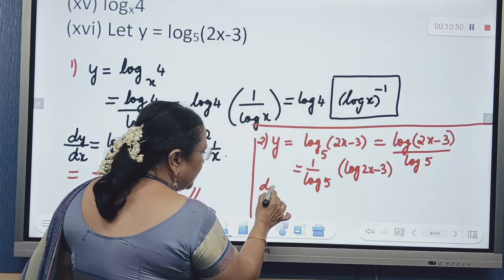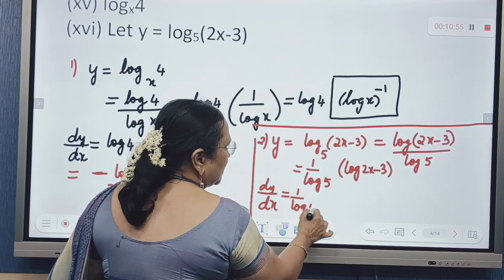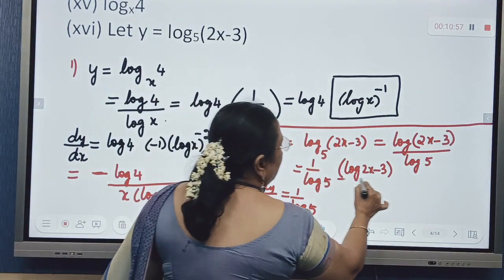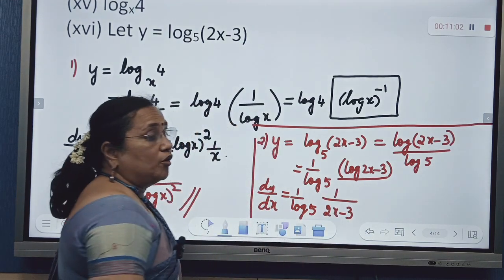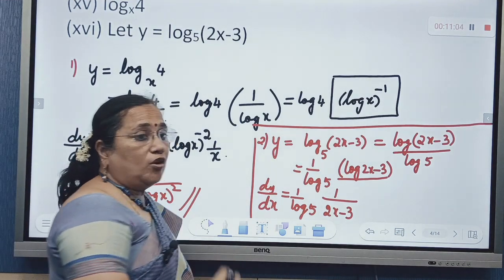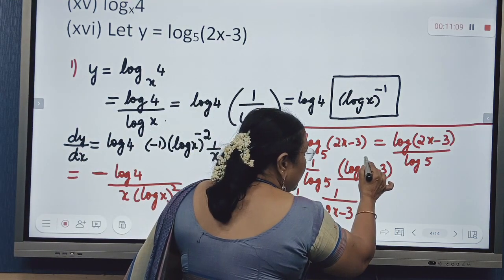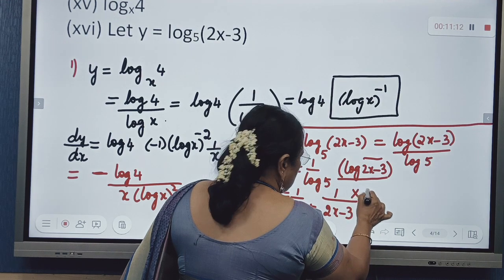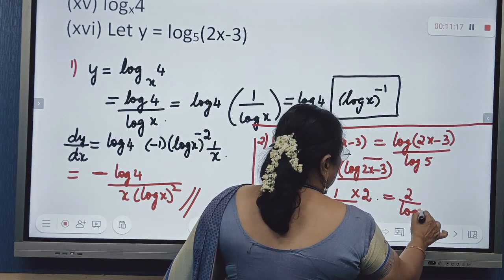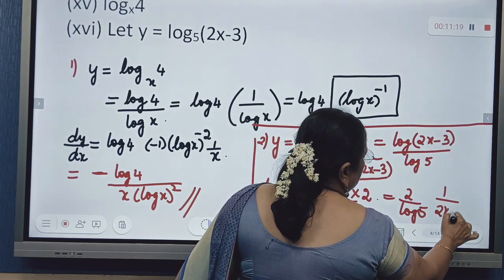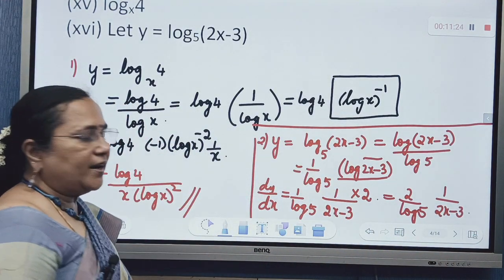So dy by dx is 1 by log 5 into, what is the derivative of this? Derivative of log x is 1 by x. So the derivative of log of 2x minus 3 will be 1 by 2x minus 3 into derivative of 2x minus 3, which is 2. So this is 2 by log 5 into 1 by 2x minus 3. So is it clear how to differentiate using chain rule?